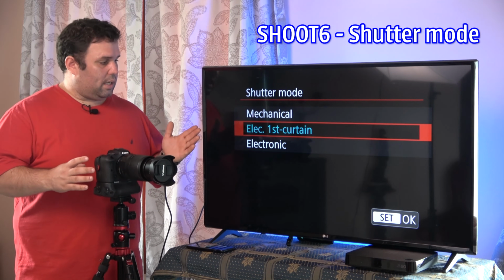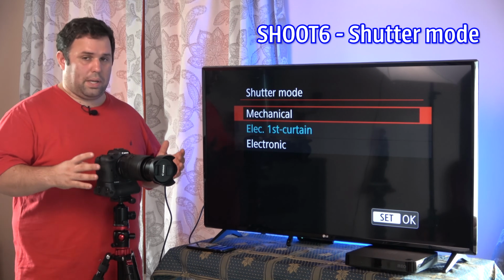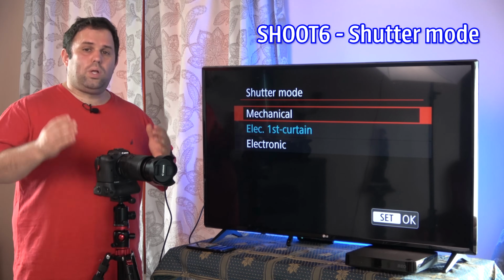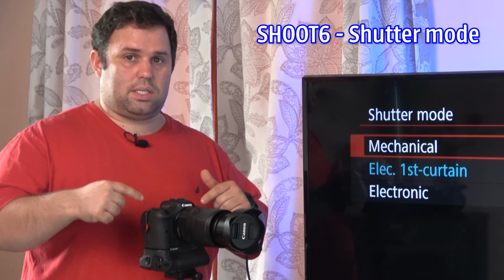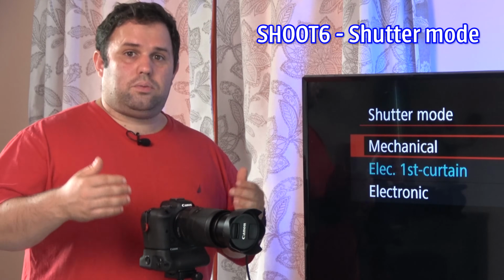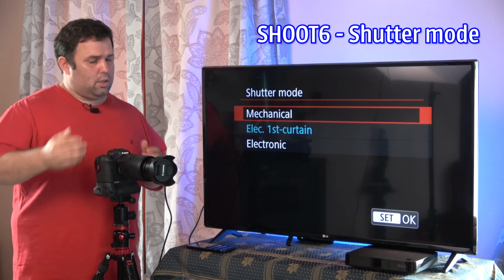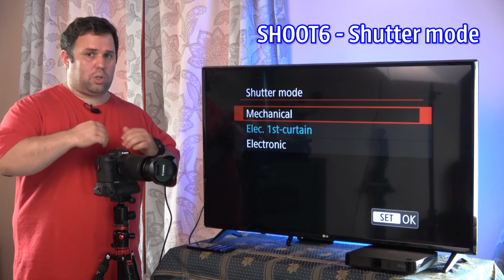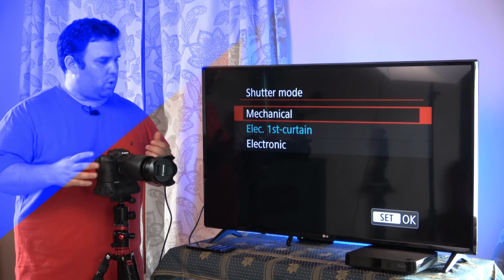By selecting the electronic first curtain or 100% mechanical shutter, it will give you 14 bits raw. This is for the R6. For your camera, you need to check which settings give you the highest bit raw, okay? It will depend from brand to brand, from camera to camera, maybe even from firmware to firmware, okay?